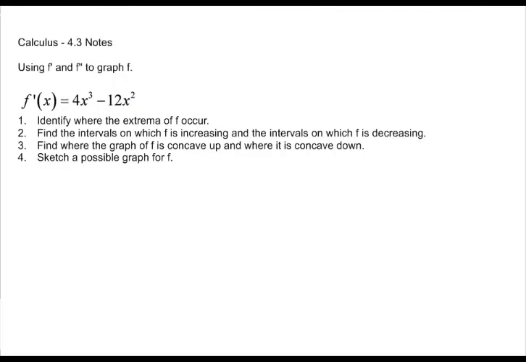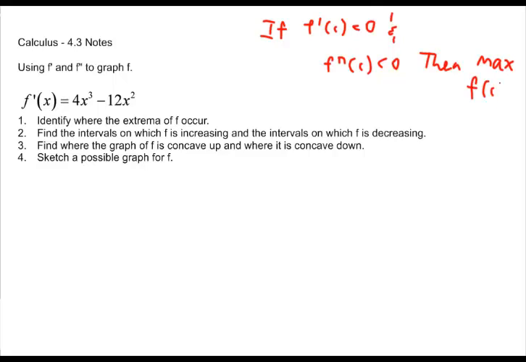All right, now we're going to use the f prime and f double prime to determine the graph of f. So when we do this, one thing we need to be aware of is if f prime at some point c is equal to 0 and f double prime at that same point is less than 0, then we have a max at that point, f of c.